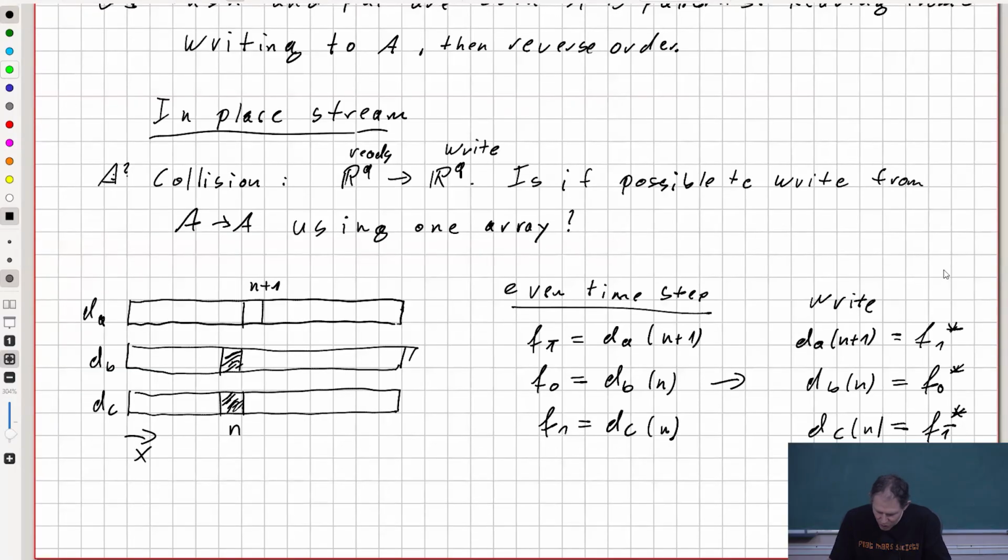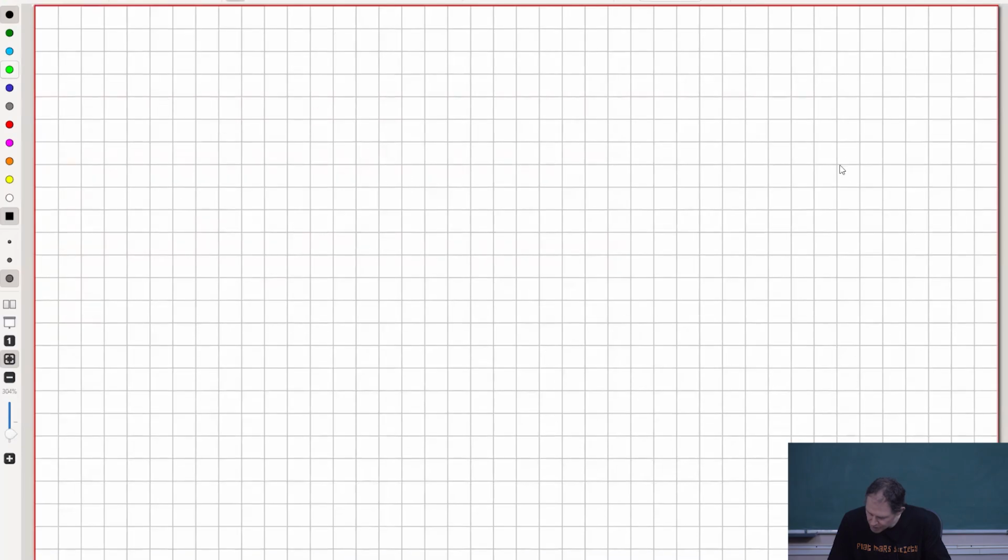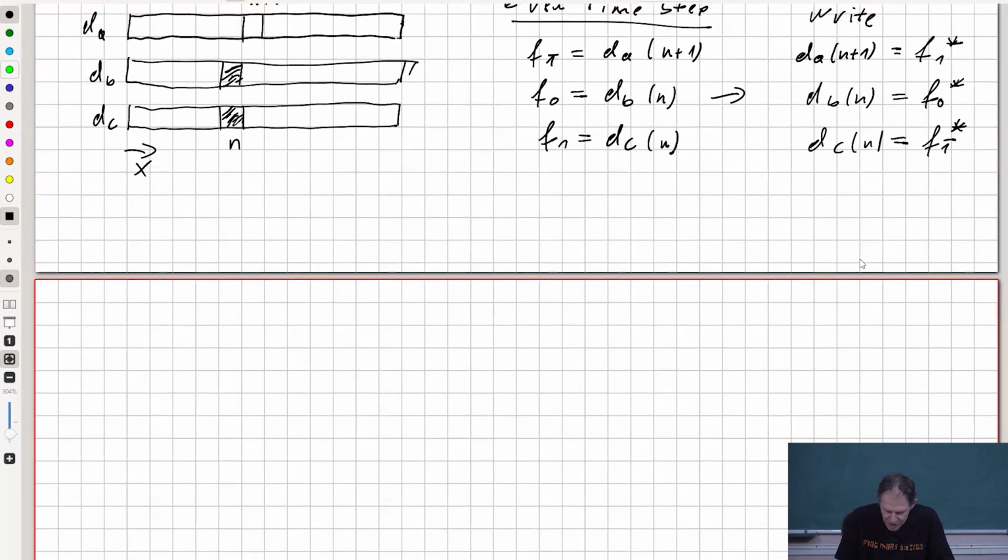Now comes the odd time step. So here's the read. Now we have to have the opposite interpretation, right? So we take f minus 1, which is of course now dC at N plus 1. So you recognize we wrote f minus 1 into dC.